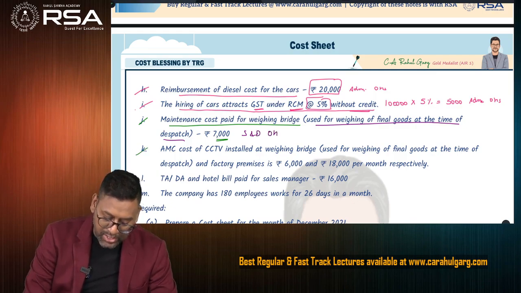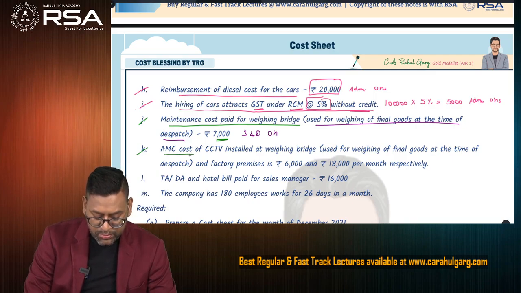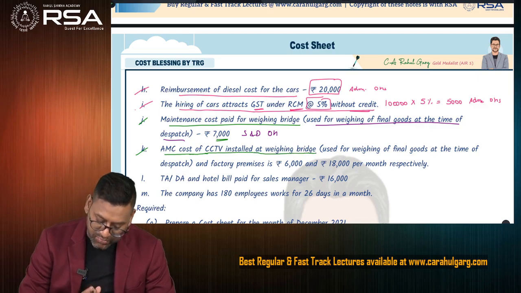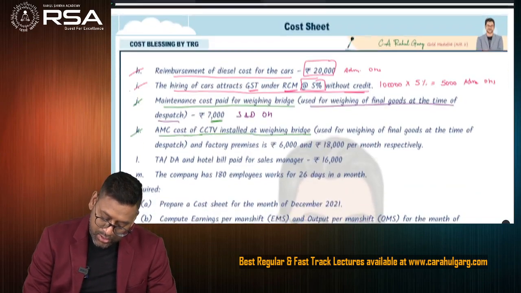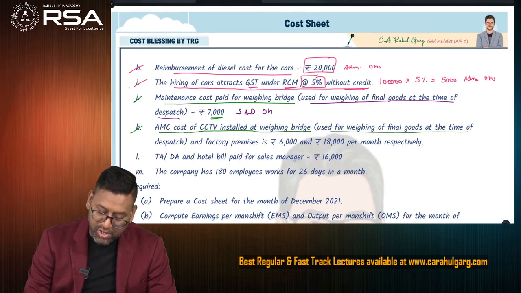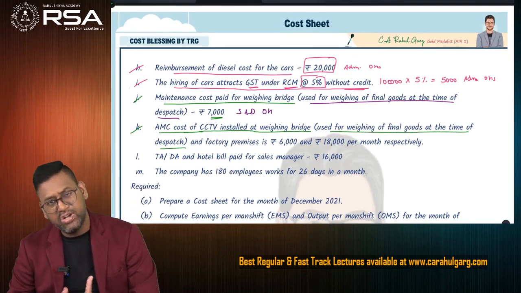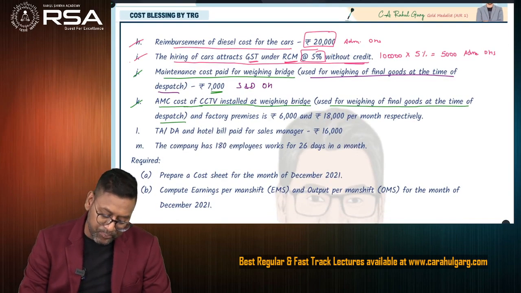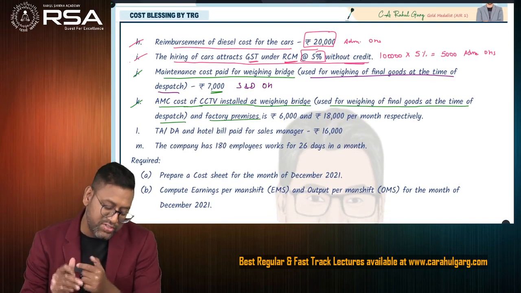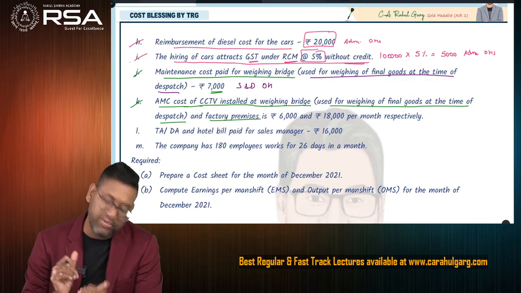Next point, AMC means annual maintenance cost. AMC cost of CCTV installed at weighing bridge. So you have installed a CCTV used for weighing of final goods at the time of dispatch. So when the weighment is being done, we are using that CCTV to see that no hanky panky is being done. And factory premises. So CCTV has been installed at weighing bridge and factory premises.